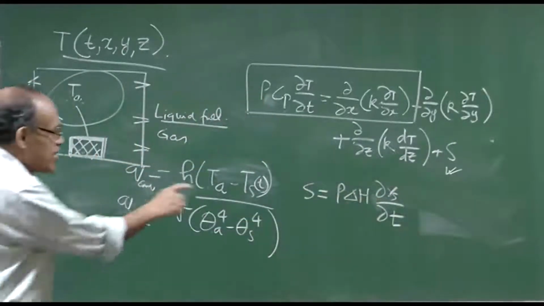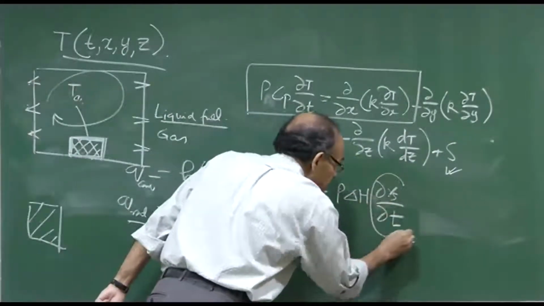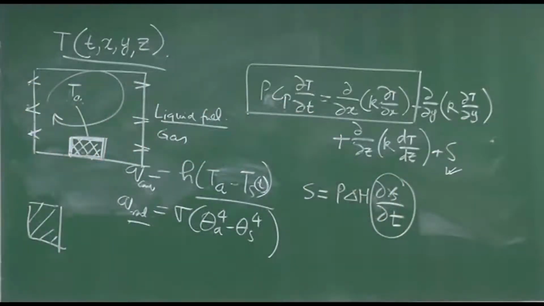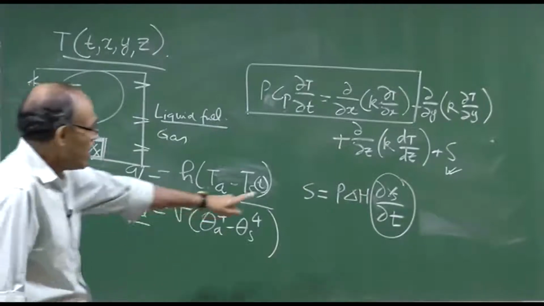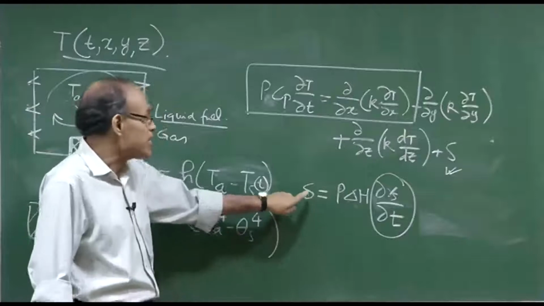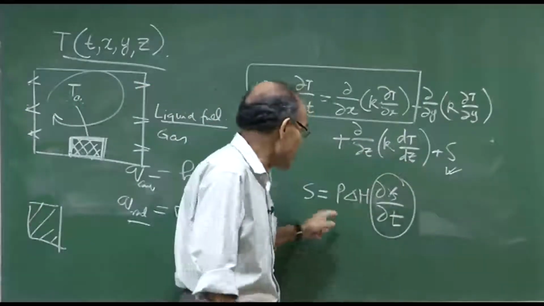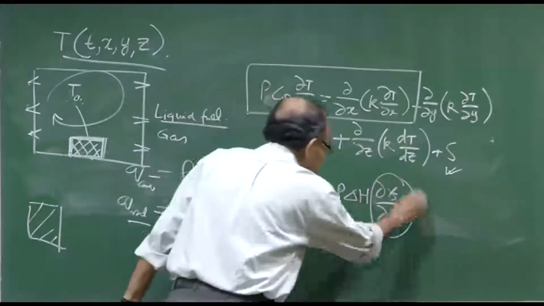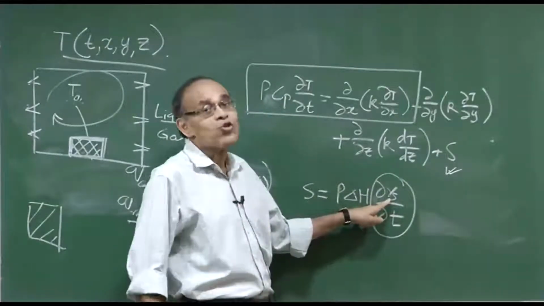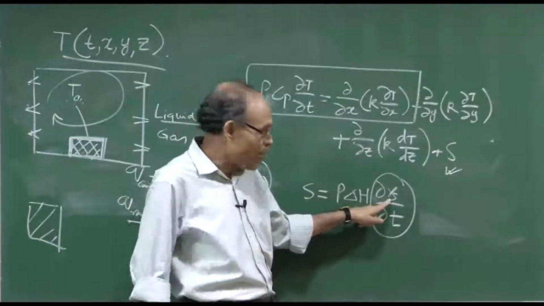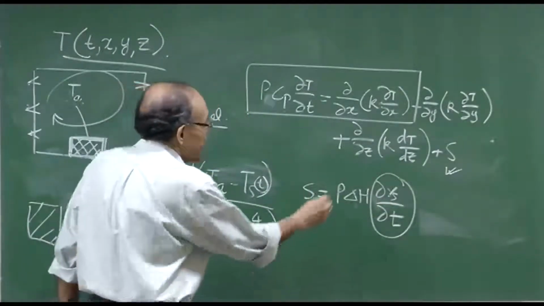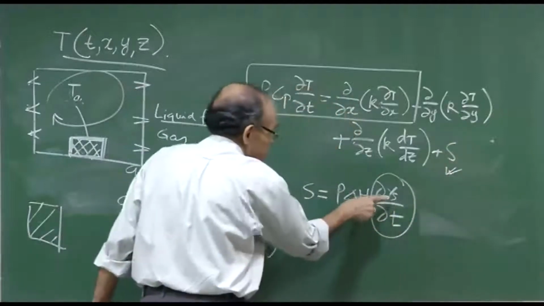And what does this S represent? This represents the rate at which pearlite is changing into austenite, and that change is associated with a heat effect, which is delta H. Therefore, S is called the volumetric rate of heat generation within the system. To evaluate this, we have to take care of a continuous cooling diagram or equilibrium diagram, depending on the kind of assumptions one can make, because this S term is dependent on temperature.